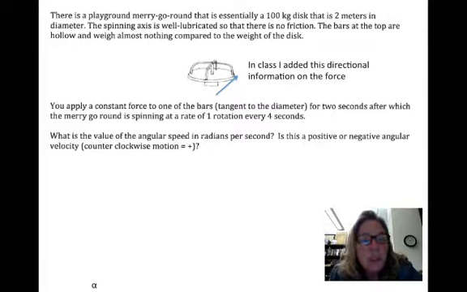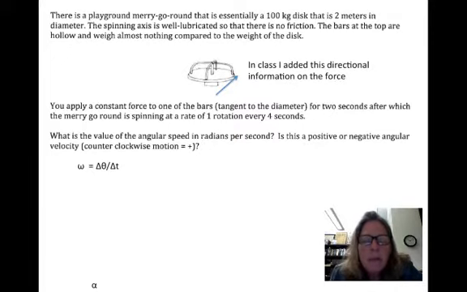The question is, what's the value of the angular speed in radians per second? And is the angular velocity positive or negative? Angular speed is the change in the angle divided by the change in time.